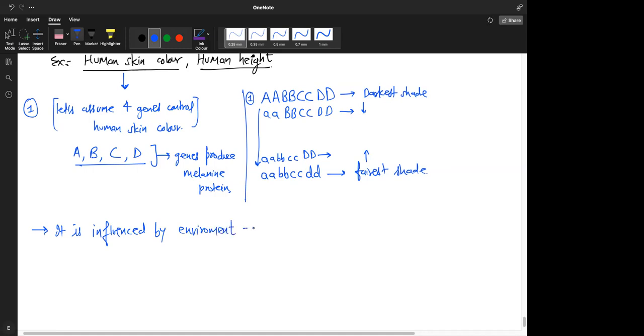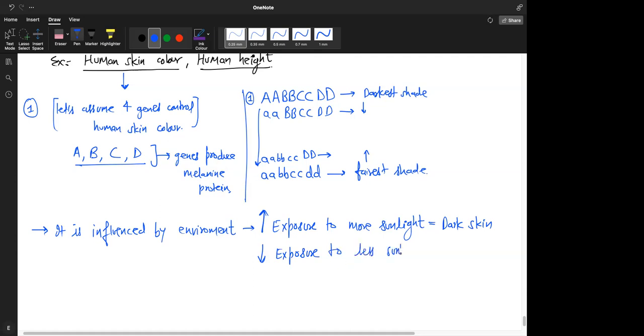If we take the northern part of the earth, the polar areas, their skin colors are white because less melanin is produced, because less sunlight is there. Then if we take the equatorial region of the earth, darker skin color is there, as there is a higher concentration of sunlight.